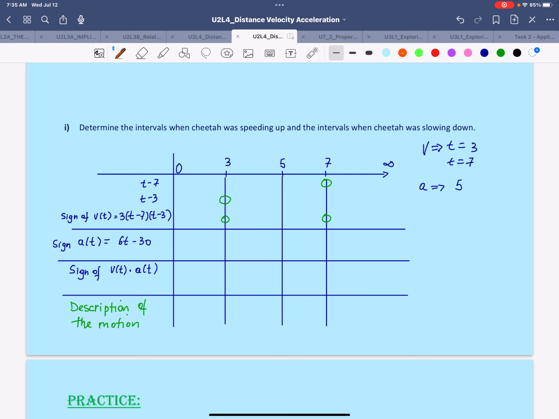Now for acceleration, we have the zero of acceleration at 5, so 0 right here. So wherever velocity and acceleration is 0, then the product will be 0 as well. So I'm going to make this nice bright red. 0, 0, 0.